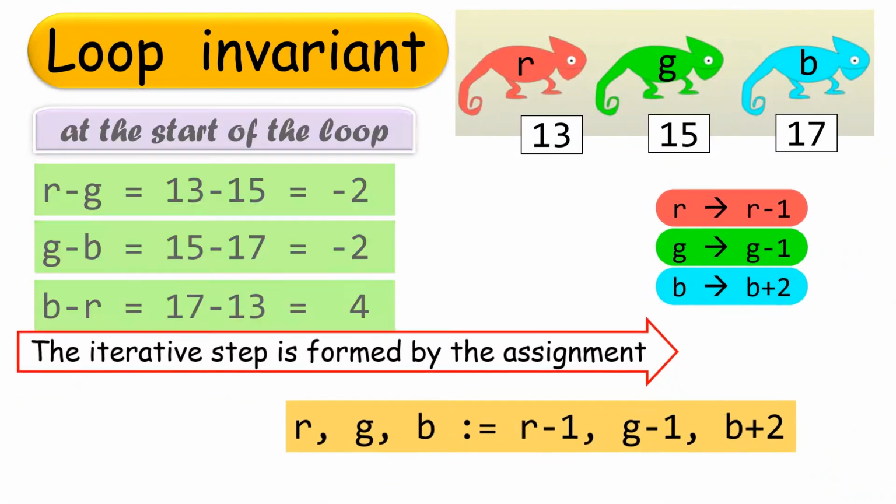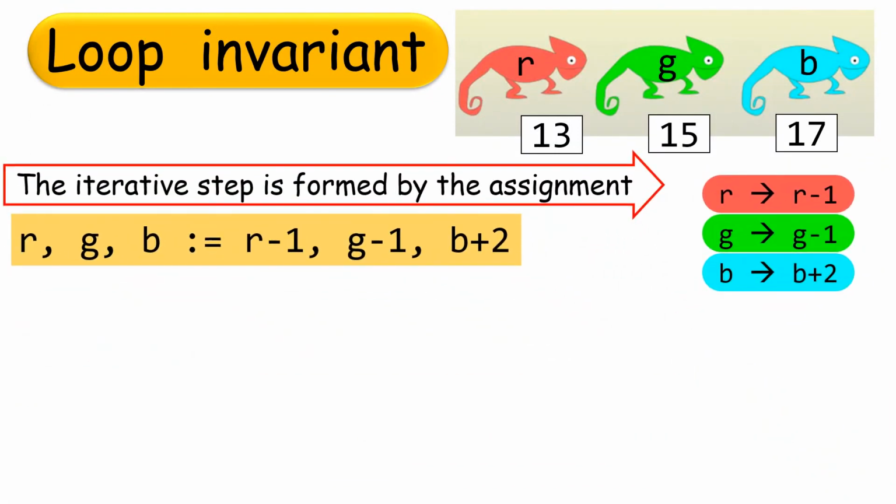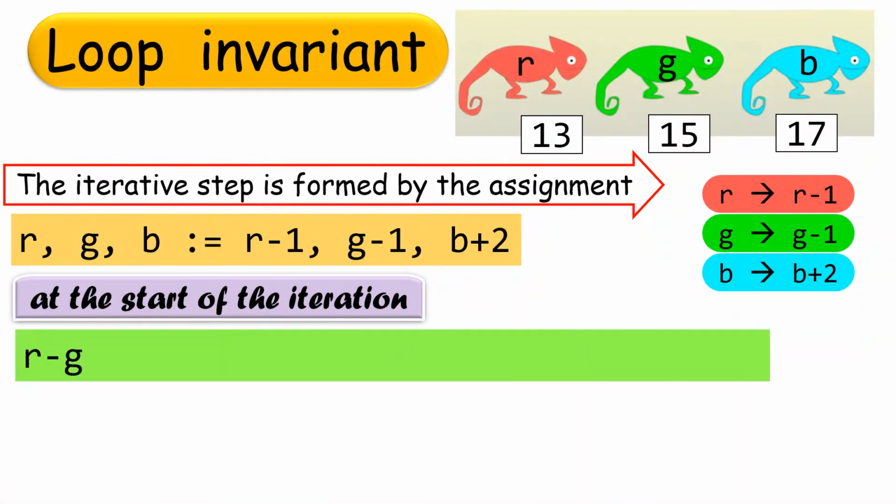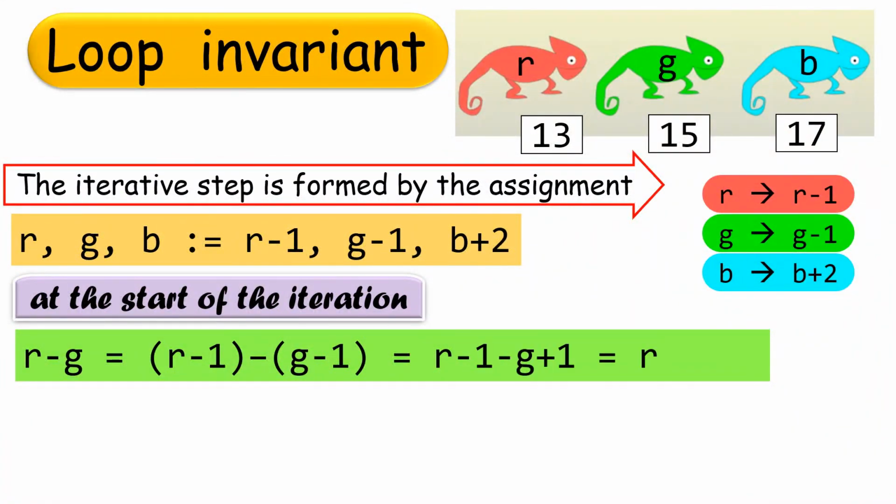When the meetings between the red and green chameleons start, that is at the start of the iteration, I will once again calculate R minus G, G minus B and B minus R, but with the new values of R, G, B. So R minus G is equal to R minus 1 minus G minus 1, which is equal to R minus 1 minus G plus 1 equal to R minus G.